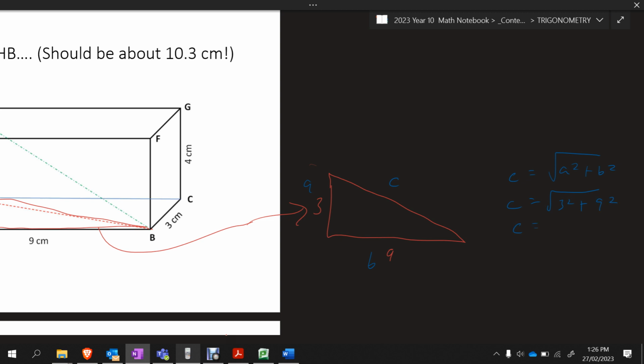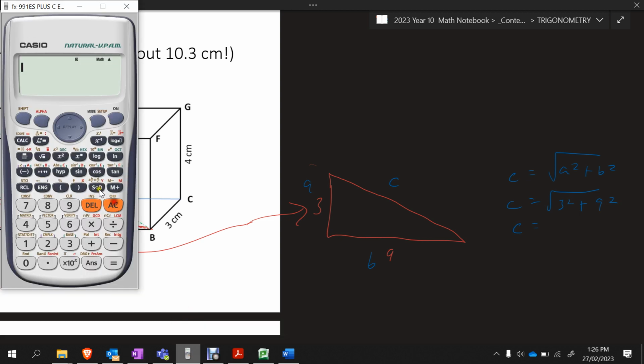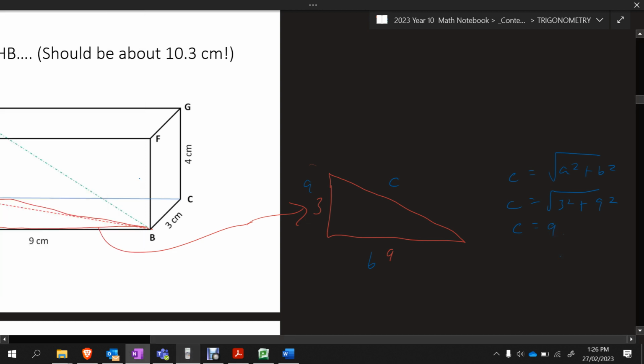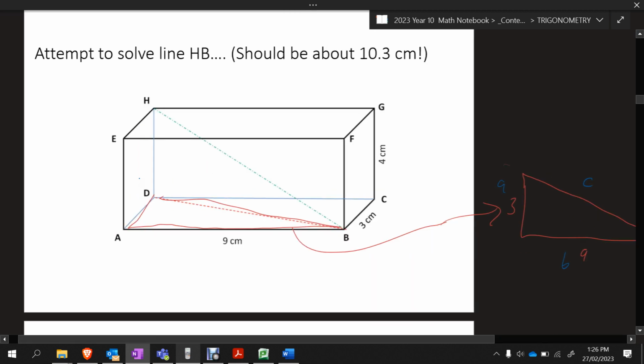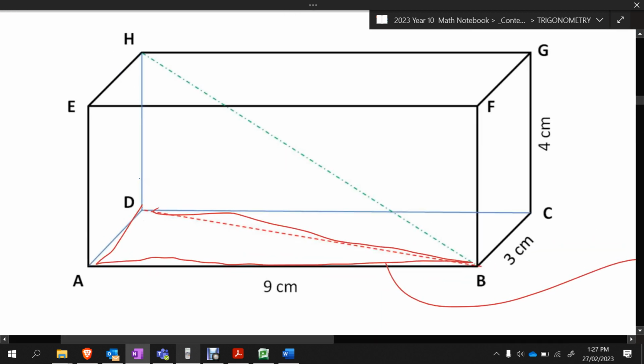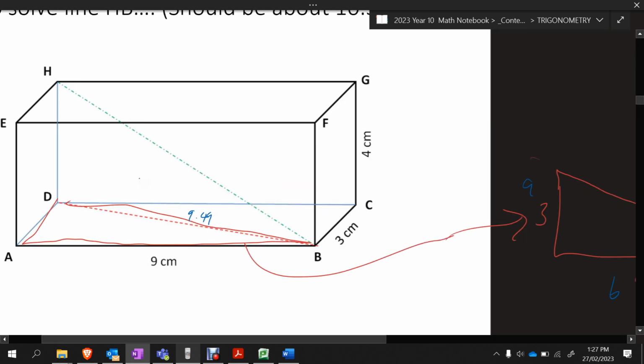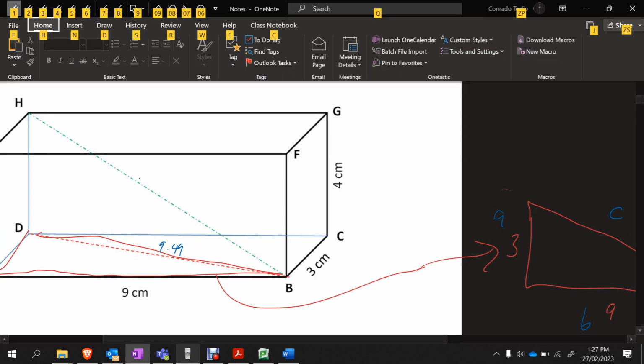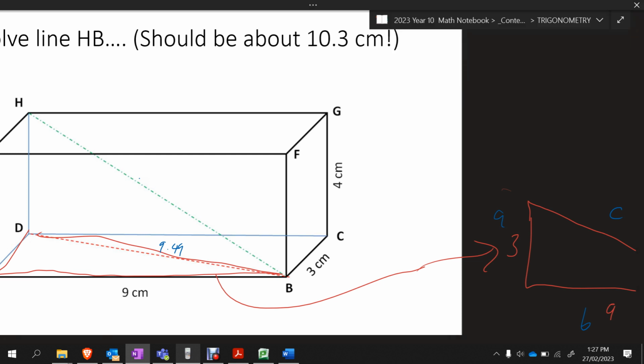So C is equal to 3 squared plus 9 squared. 9.49. Okay, we're not done yet though. We know that this here is 9.49. Now, what's the length of HB? Just wait, let's work it out.